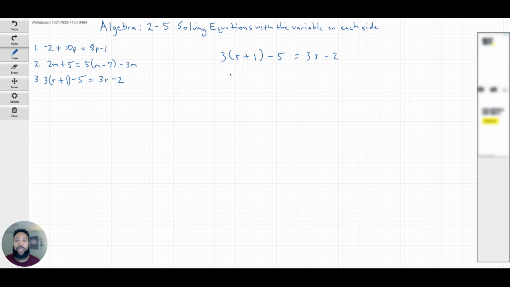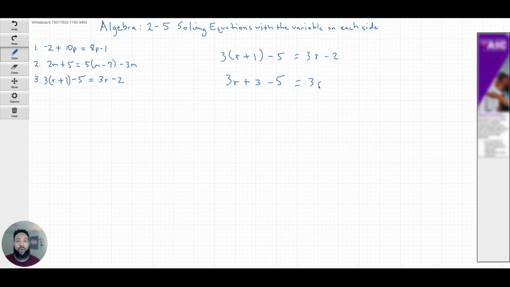So we have 3 times r, which is 3r. And then we're going to distribute the 3 and the 1. 3 times a positive 1 is a plus 3. So 3 times r plus 1 is the same as 3r plus 3. Then we have minus 5 equals 3r minus 2, right?